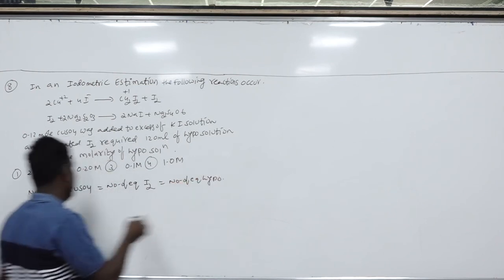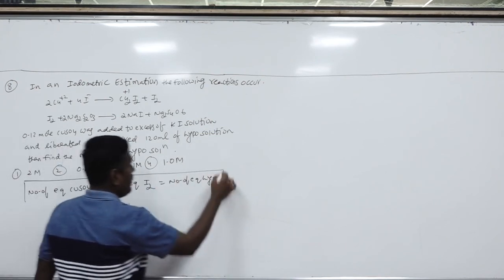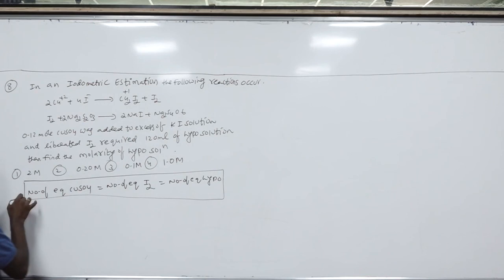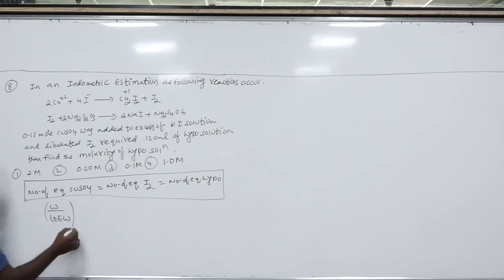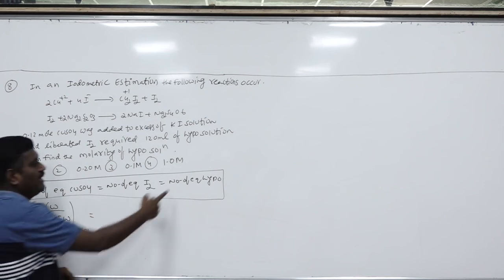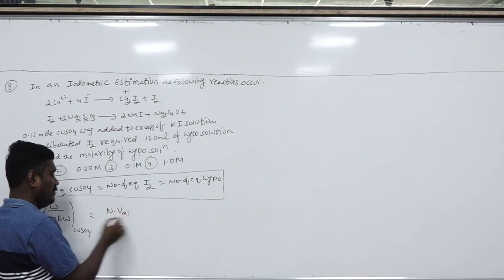Yes or no? How to find the number of equivalents of copper sulfate? Weight upon gram equivalent weight. This is regarding copper sulfate. How to find the number of equivalents of hypo? In terms of normality and volume.